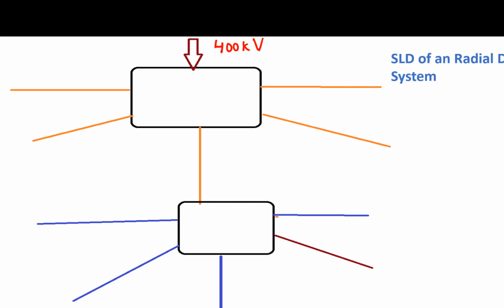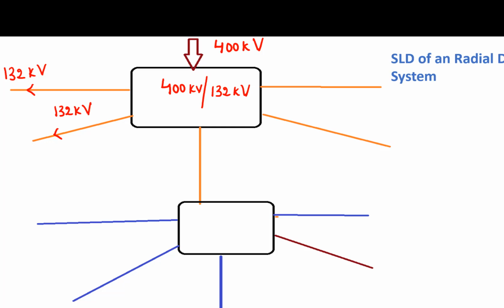This substation steps down this 400 kV to 132 kV. Okay, this is a step down substation or a major substation in the outskirts of the city. From this, different feeders, 132 kV feeders, go to different strategic locations of that city.